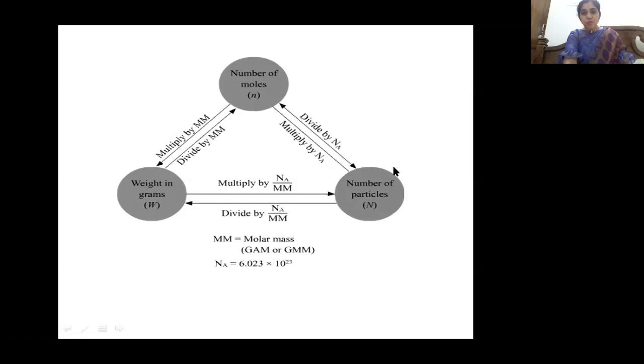Number of particles, if you divide by N_A and multiply by M_m, you get weight in grams, W. Here M_m is molar mass, and we know Avogadro number is equal to 6.023 into 10 to the power 23 particles. Weight in grams, if you divide by molar mass, we get number of moles, small n. Or number of moles, if you multiply by molar mass, we get weight in grams.